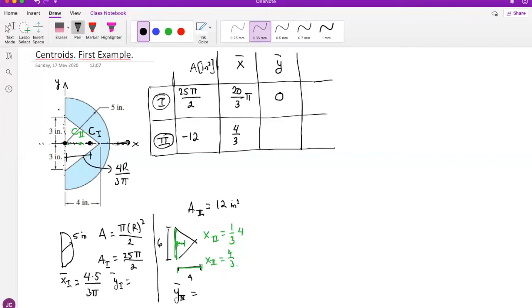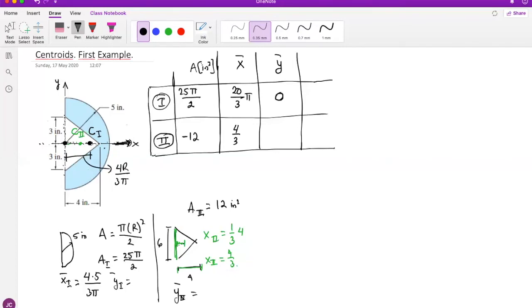It's not that you have more area up than down, okay? So it's proportionally distributed in the positive direction of y and in the negative direction of y. You don't have more area down or more area up. Therefore, this thing is 0.